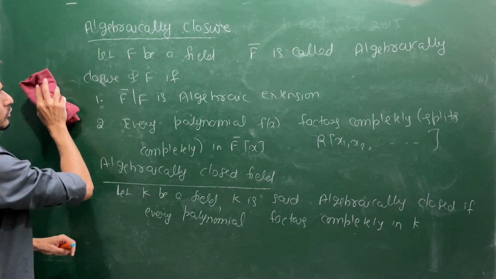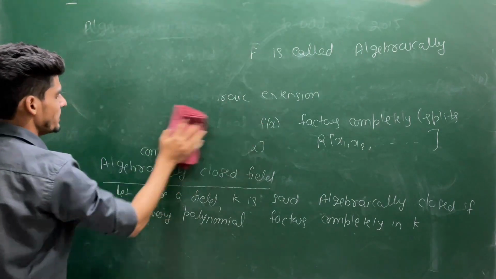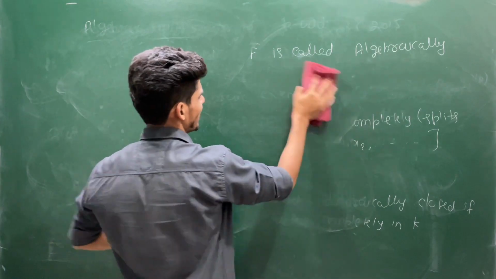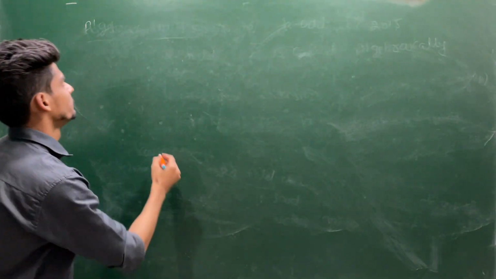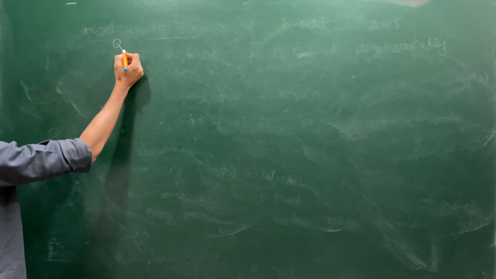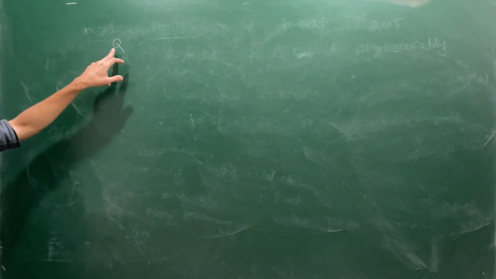So I am skipping the proof, but if you are interested you can read from Dummit and Foote book. Okay, let me tell you some examples of algebraic closure, but those will be trivial ones. Suppose Q is a base field. Can you give me the algebraic closure of this Q?